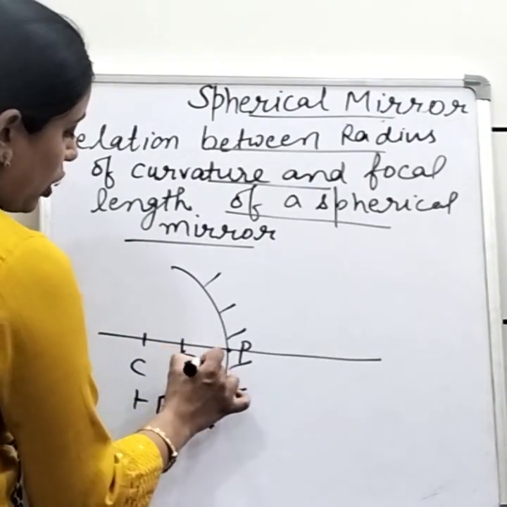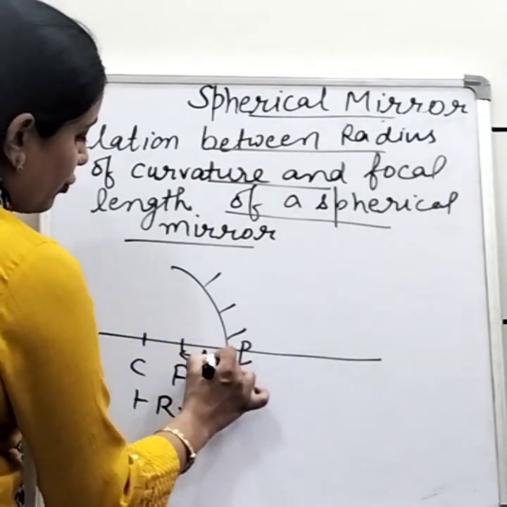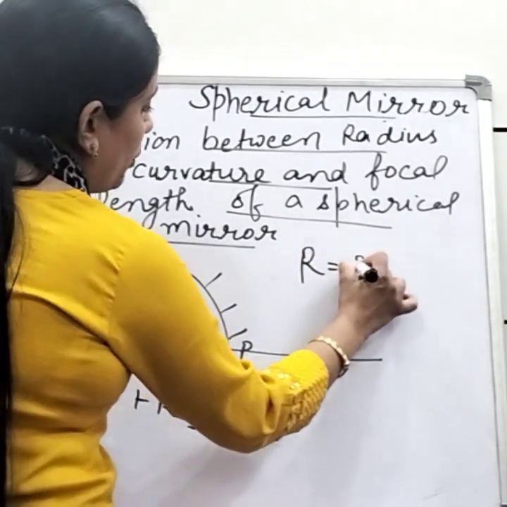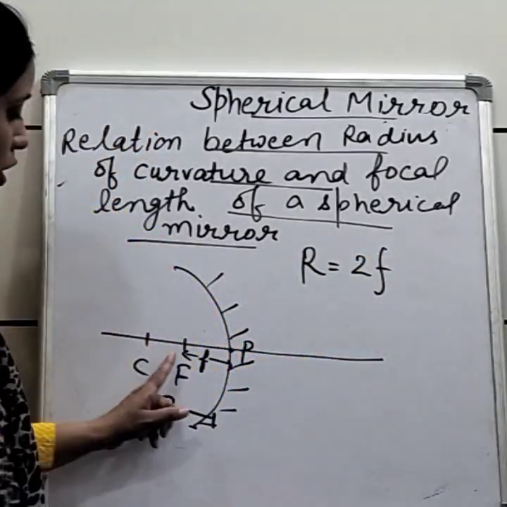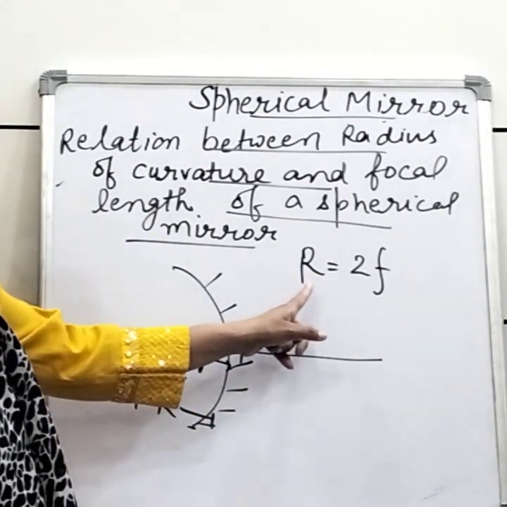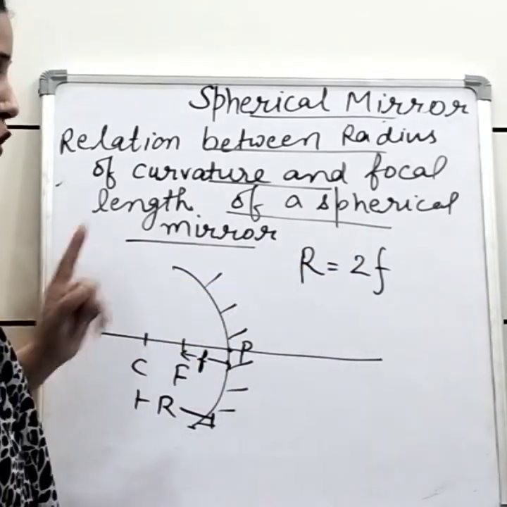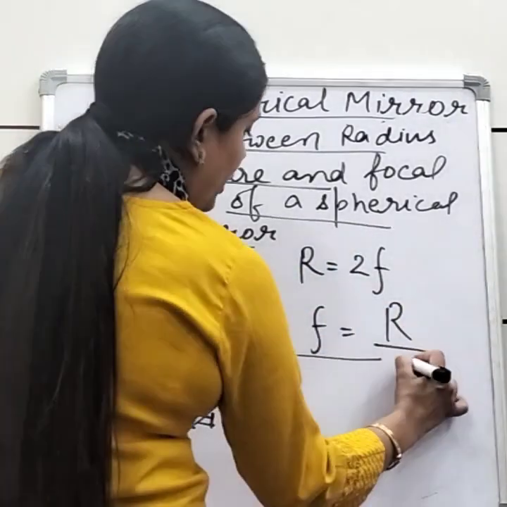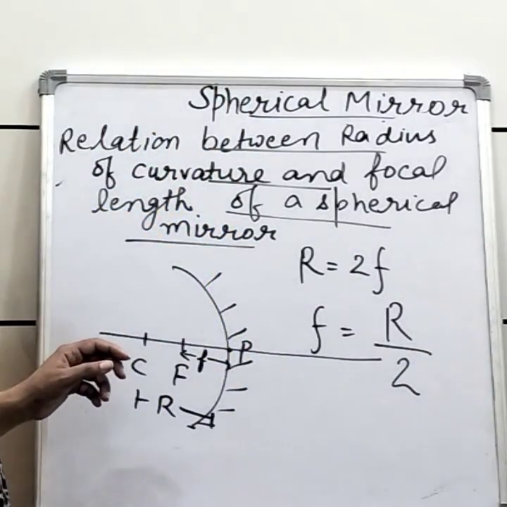The distance between the focus point and the pole is known as the focal length. So R is equal to double the focal length. The focus point is in between the pole and the center of curvature. So the radius of curvature is equal to twice the focal length, or the focal length is equal to half of the radius of curvature.